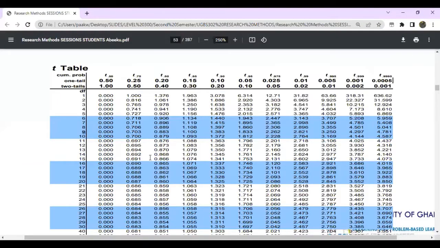Good. So skim through and tell me the number which is closer to 0.73.